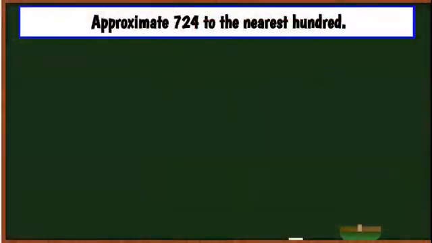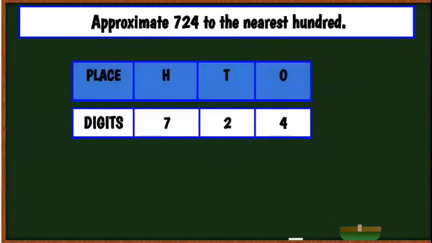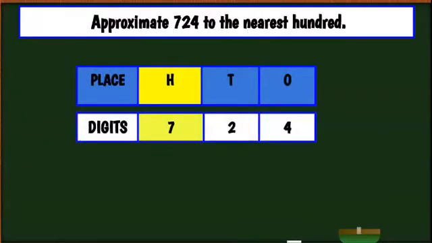More examples. Now approximate 724 to the nearest hundred. So we have our numbers, and here we have the place value of each digit. Remember, we have to find our hundreds digit.